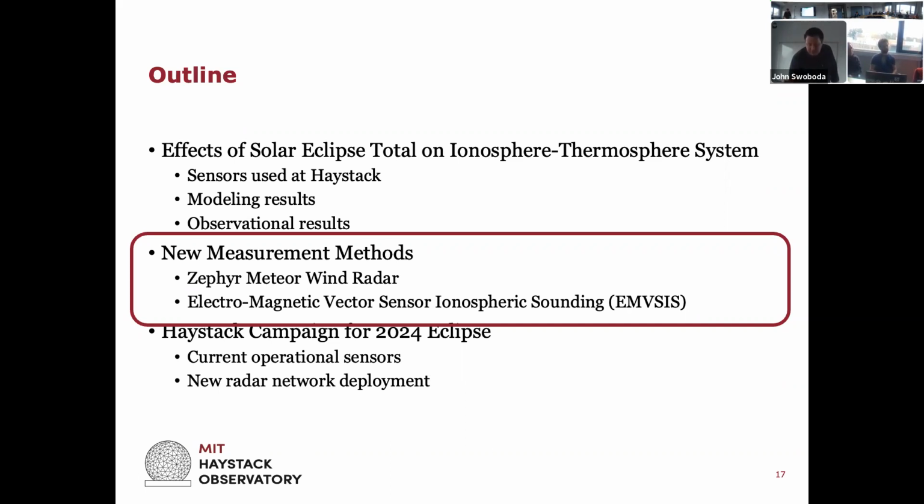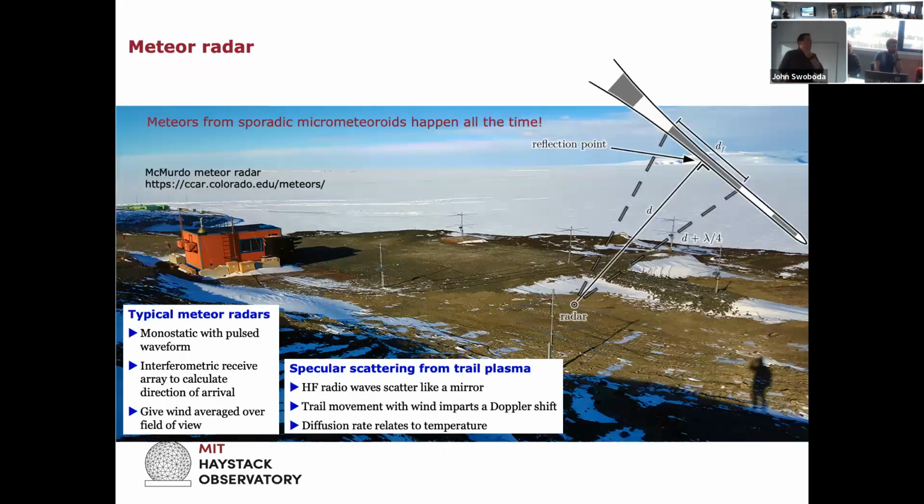I'm just going to explain briefly what these two sensors are. A meteor wind radar is really an interesting topic. The way I like to describe it to people is that we look at radars that look at meteors and can measure winds in the mesosphere, and everyone's like, wait, you skipped a bit.